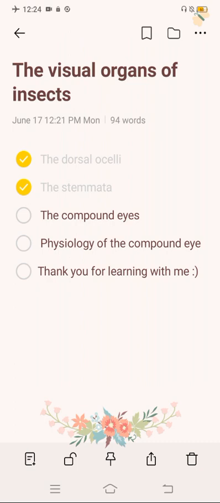On the basis of modification of the cone, ommatidia are recognized in 4 types: eucone, pseudocone, acone, and exocone.